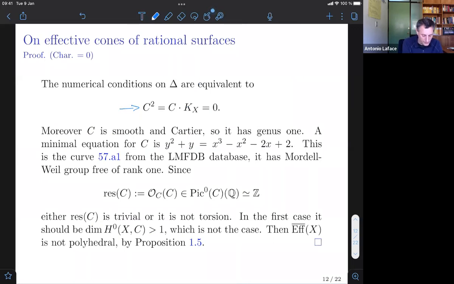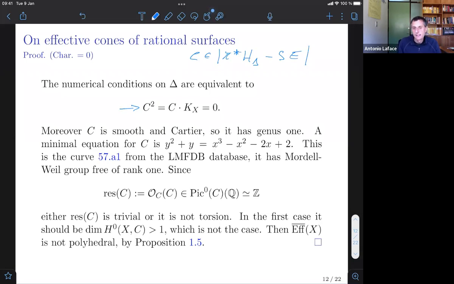The Mordell-Weil group is free of rank 1, and the restriction of C, which is of C, is an element of Pic^0 because C squared is equal to 0, but it also has rational coordinates in Pic^0 because C was an element of this π star of H_Delta, and H_Delta is a torus invariant divisor, defined over the rationals, minus 5 times E, and E is the exceptional divisor over a point with rational coordinates.